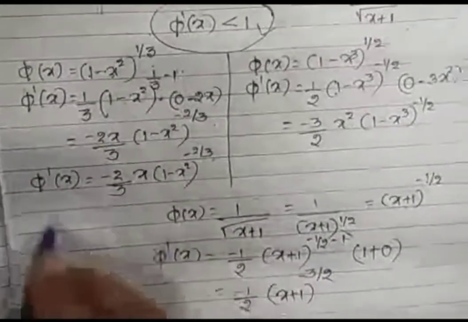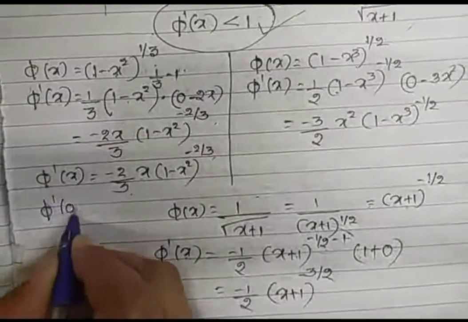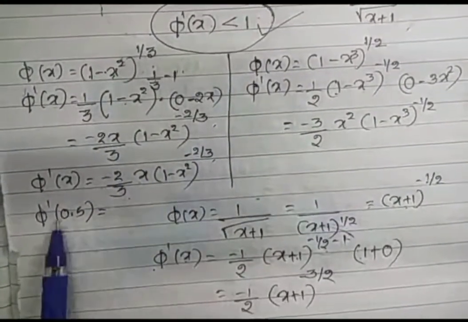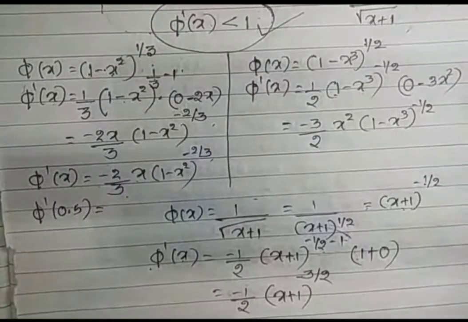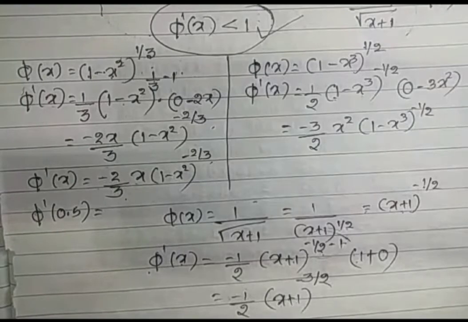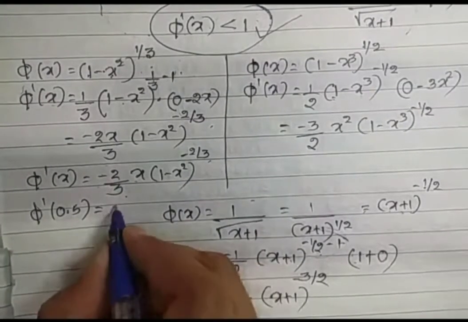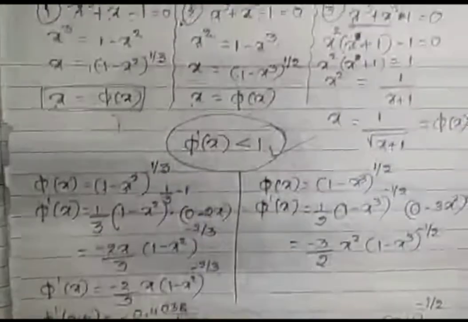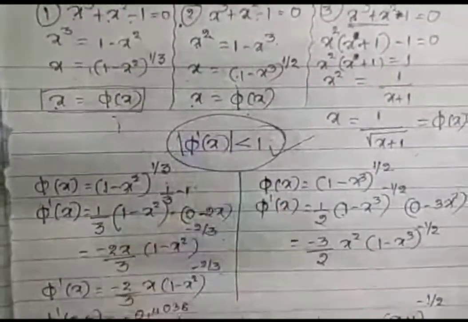Next, in this complete equation, we have to replace the x value as 0.5. Then using a calculator, if we simplify, we get minus 0.4038, but this is under the modulus sign, and it will always be under the modulus sign.